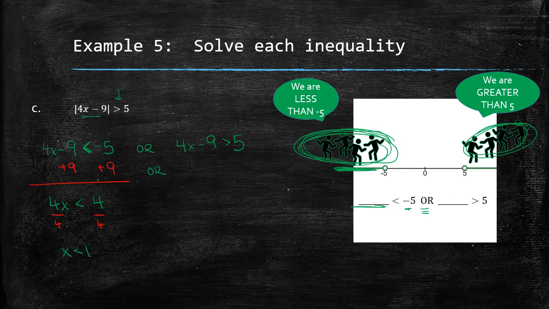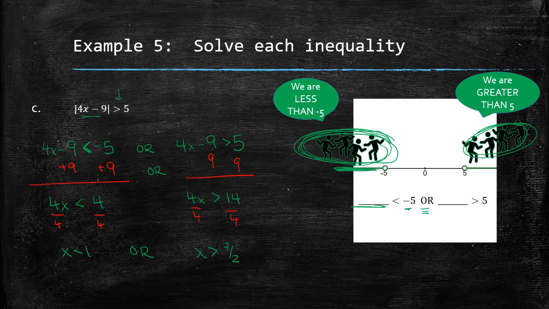Or, I will add 9 on both sides to my second inequality. 4x is greater than 14. Divide both sides by 4. We'll have x is greater than 14 over 4, which reduces to 7 over 2.